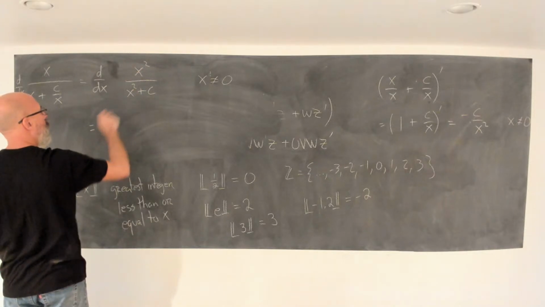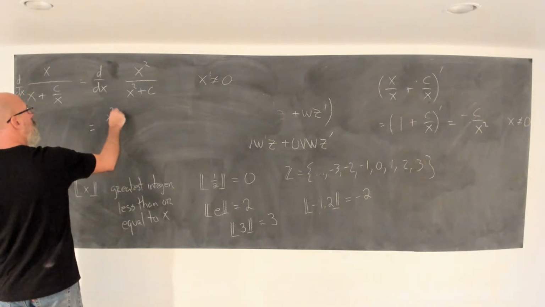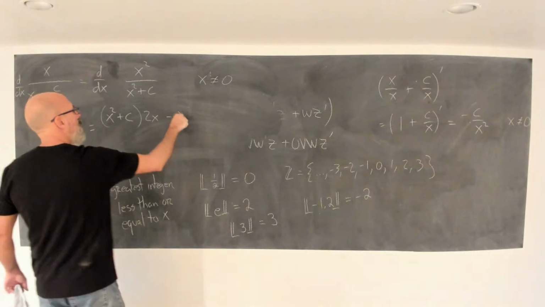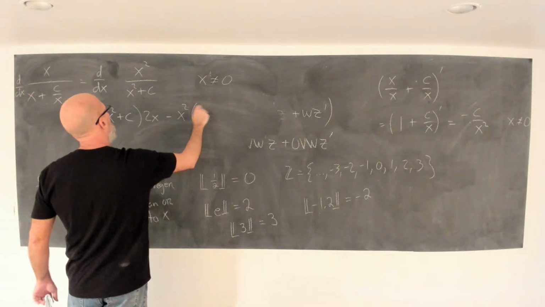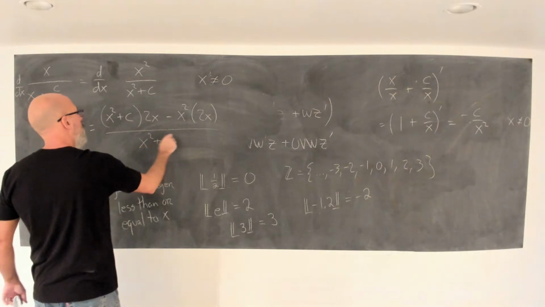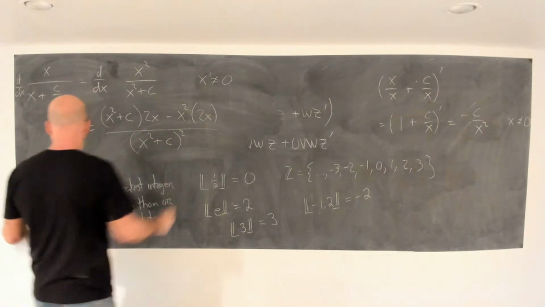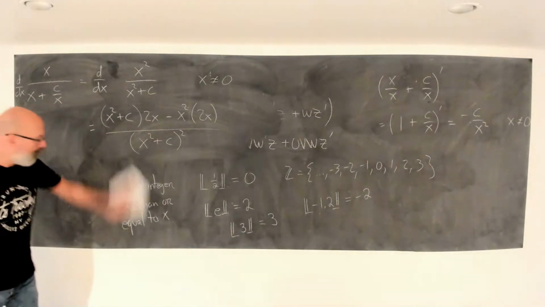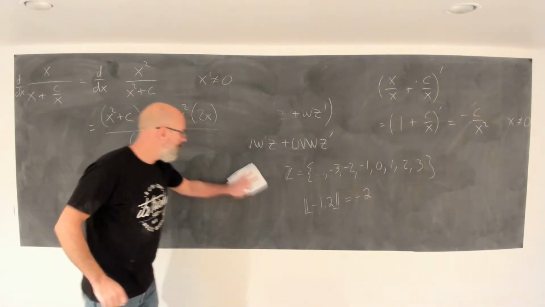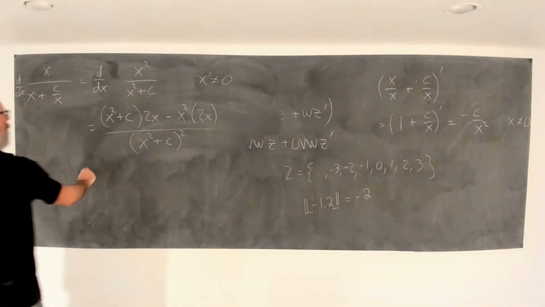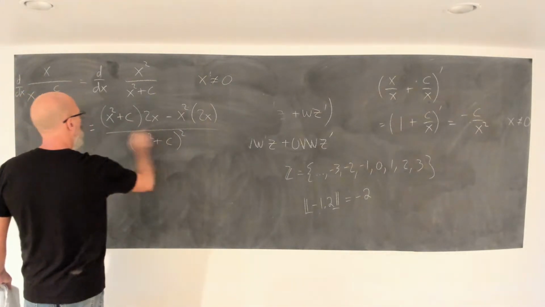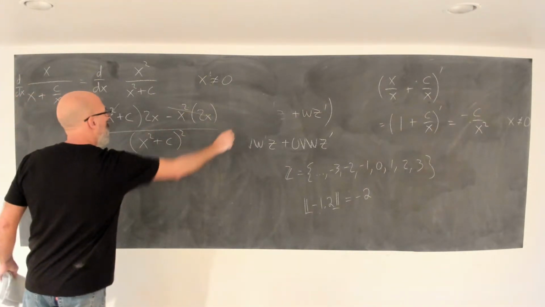So it's a quotient. Quotient rule applies. vu prime minus uv prime, all over v squared. This is 2x cubed minus 2x cubed. These cancel out.